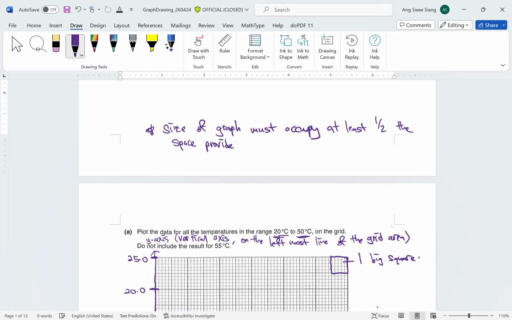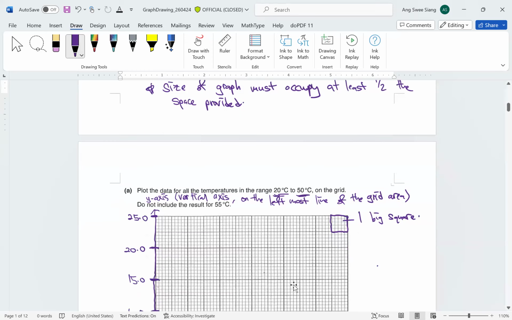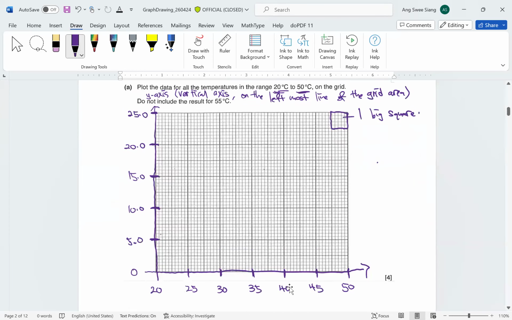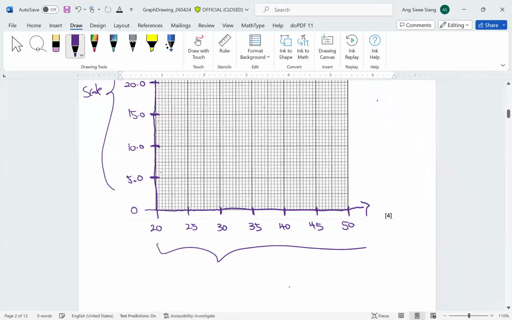Sometimes if we want to be more strict, we may say at least 3/4. But 3/4 is difficult, while half is easy to achieve. If you can choose the scale for the y-axis and the scale for the x-axis such that the graph covers 3/4 of the grid provided, you are very good.